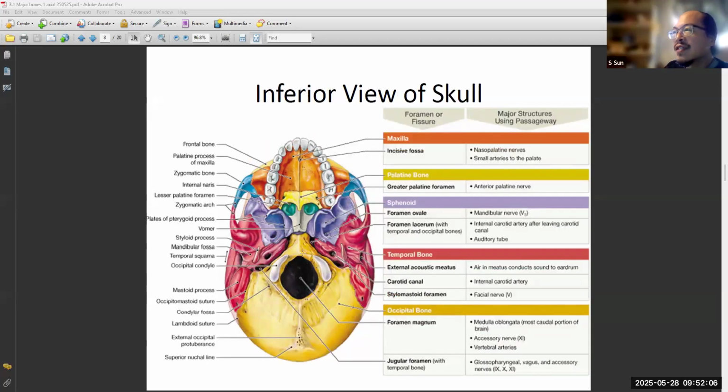You can also see this is the occipital. From the occipital, you can see that it starts to anchor or lay on your spinal column, vertebral column. You have the occipital condyles, like two feet to sit on your spinal column.